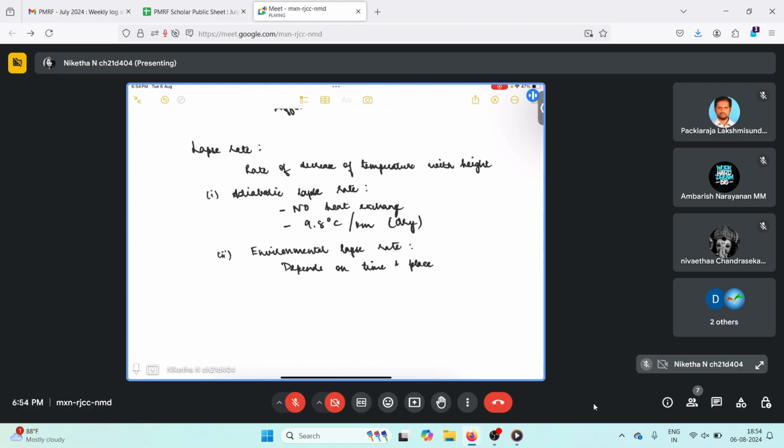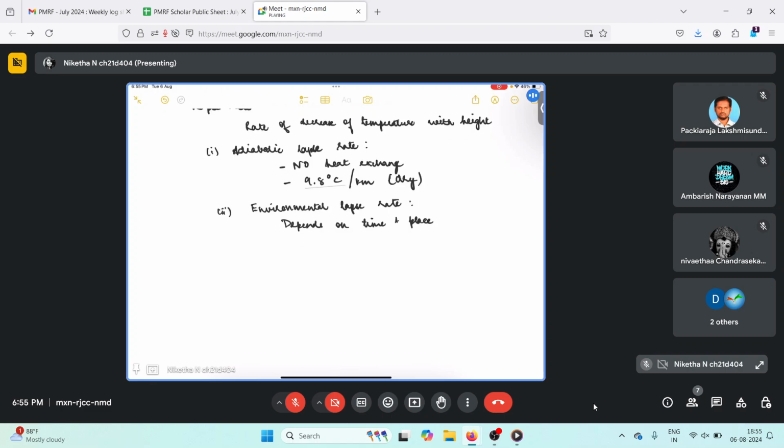So the adiabatic lapse rate is going to be the same no matter what time of the day or where you are, where the pollutant is released. But the environmental lapse rate is the lapse rate of the environment, which is dependent on the time and place. So sometimes in the mornings, your lapse rate is going to be different from that in the afternoon.